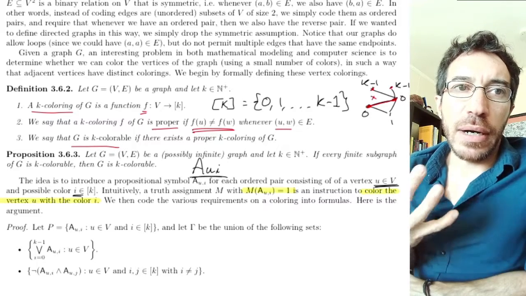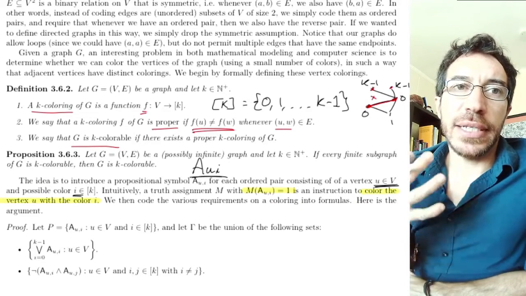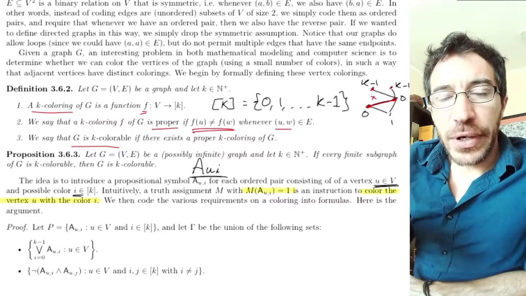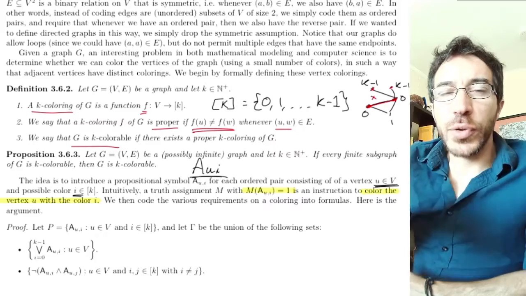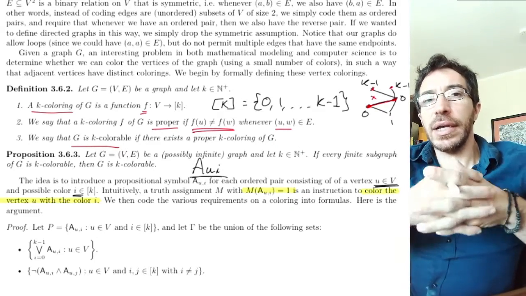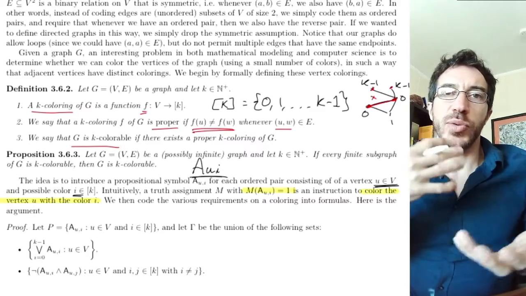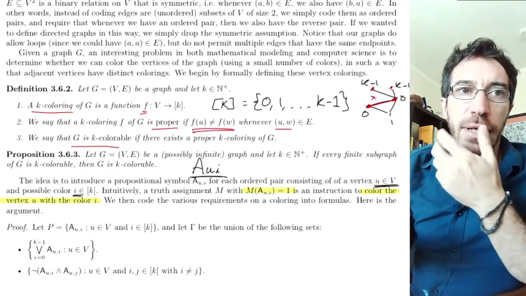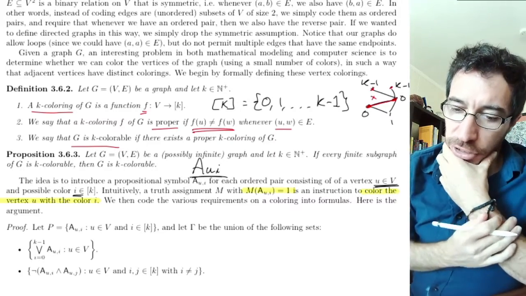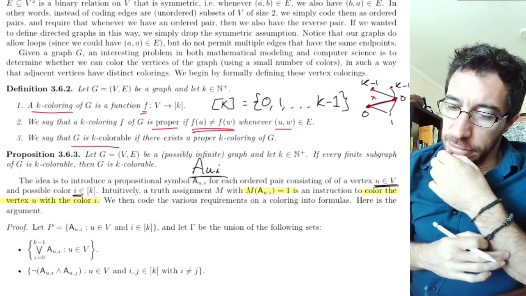We now want to write down the formulas that essentially say that the coloring that we're going to get is what we want. So a truth assignment will kind of give you a coloring, but it has to be correct. It has to be a proper coloring, and it has to be an actual coloring.